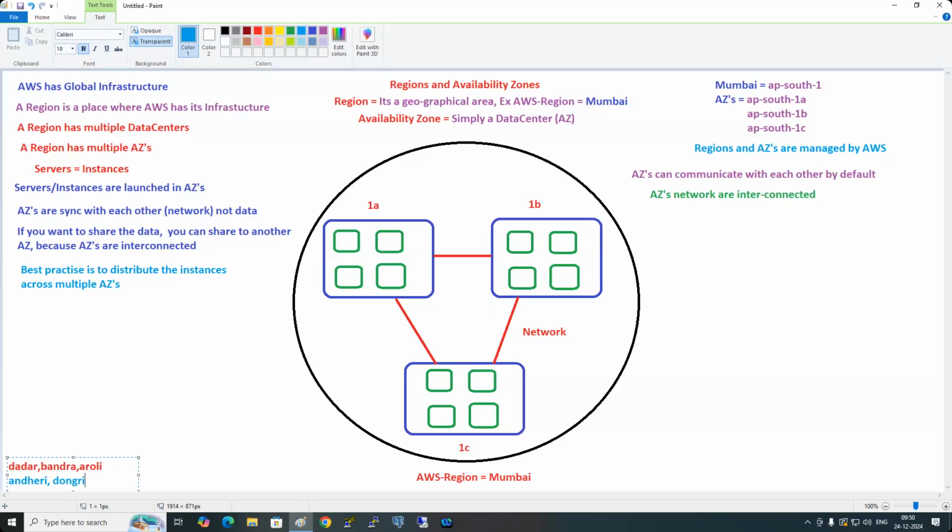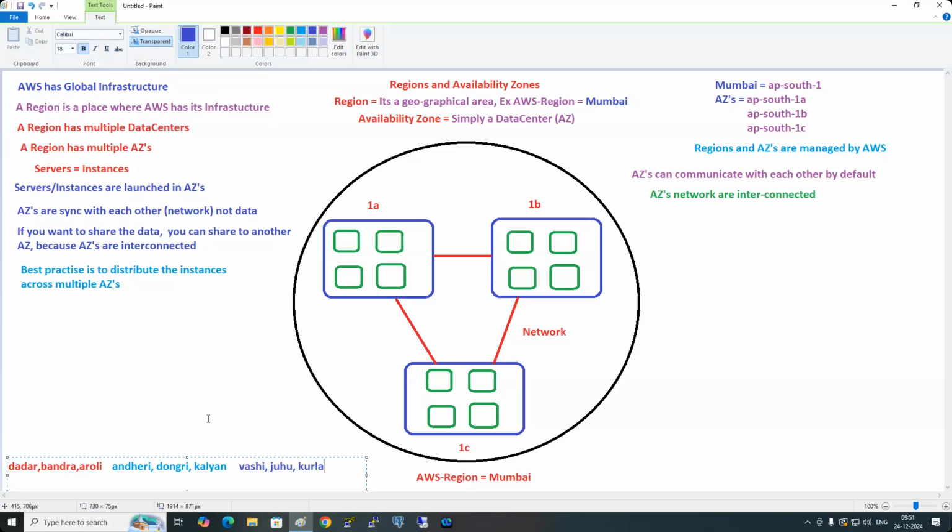Dongri, I don't know the spelling. Guys, tell me short ones, not big ones. Vashi. Juhu. And then the last one is what? Kurla. Okay, fine. I'm not from Mumbai, so at least I remember a few things.